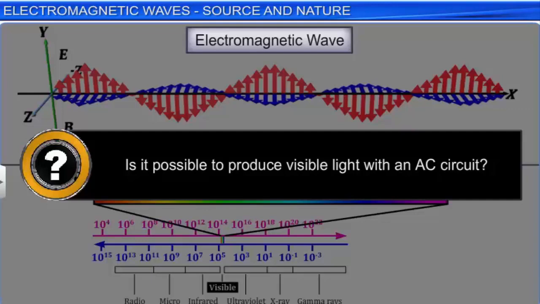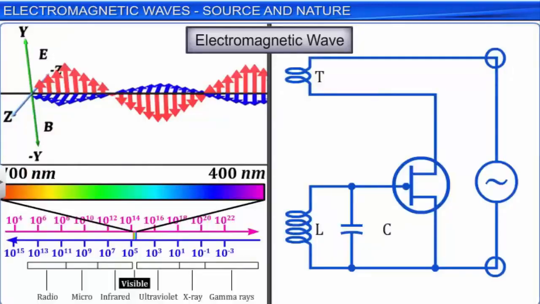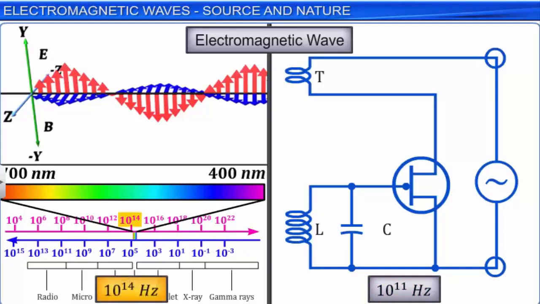The maximum frequency that can be produced with modern electronic circuits is in the order of 10^11 Hz, whereas the frequency of visible light is in the order of 10^14 Hz. Hence, visible light cannot be produced in an AC circuit with oscillating currents.